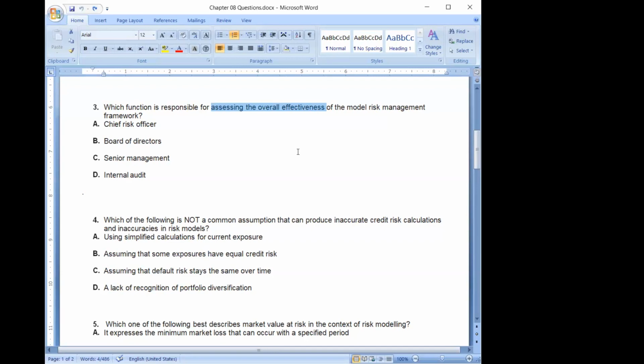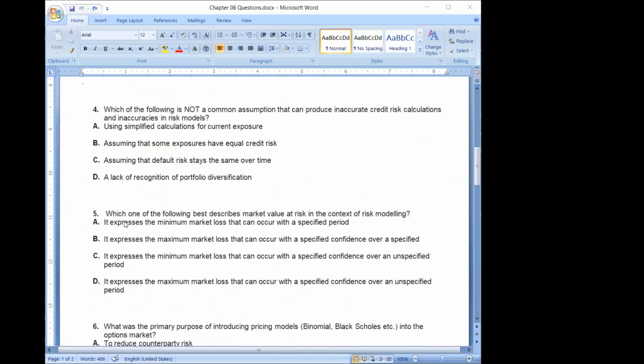The effectiveness, right? Effectiveness is tested by the auditors. Don't forget it, right? The term effectiveness always goes with audit, right? Testing the effectiveness is the auditor's role. So the correct answer is D. So none of you have got the correct answer anyway, right? Question number 4.